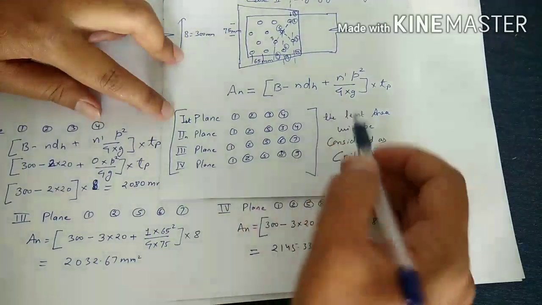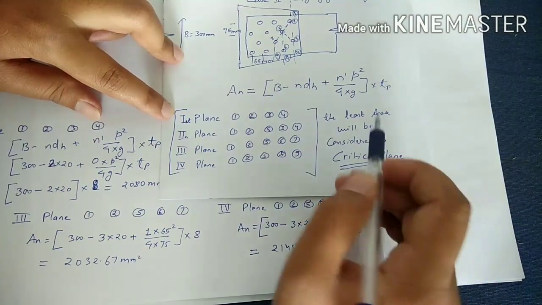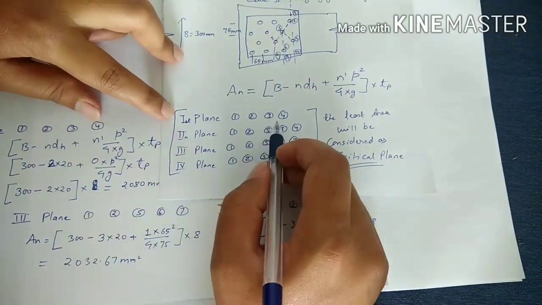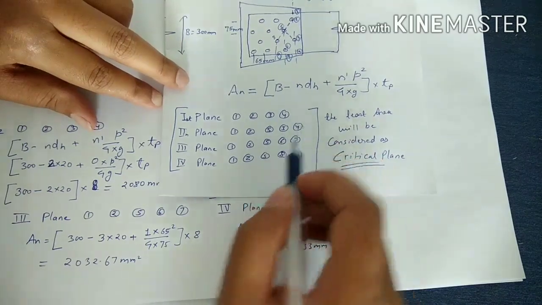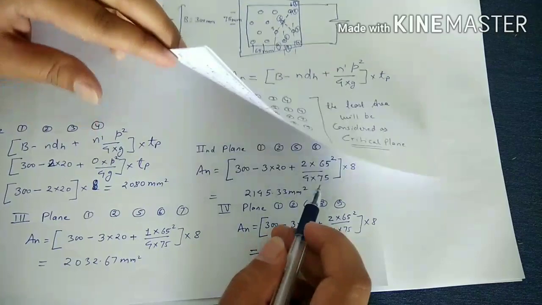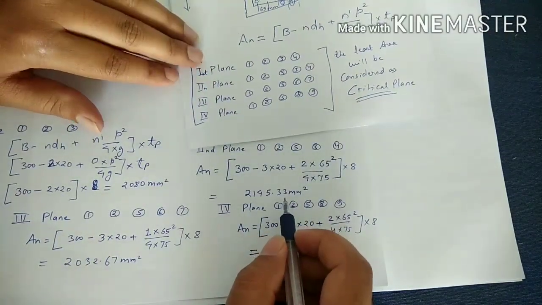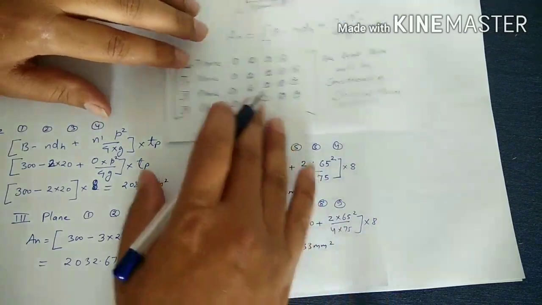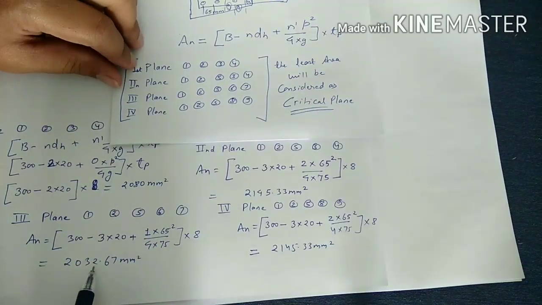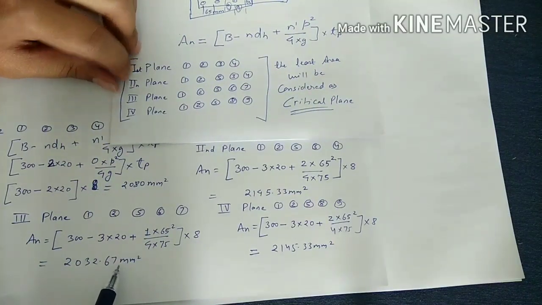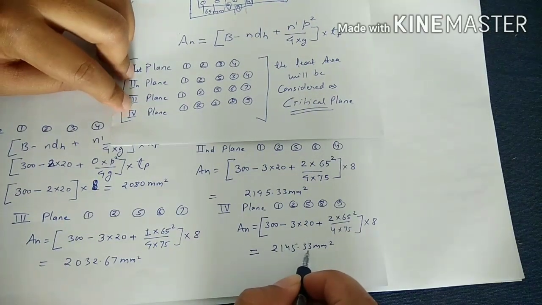Thus, the least area will be considered as the critical plane. The first plane is showing 2080 mm square. The second plane is showing 2145.33 mm square. The third plane is showing 2032.67 mm square, and the fourth plane again shows 2145.33 mm square.